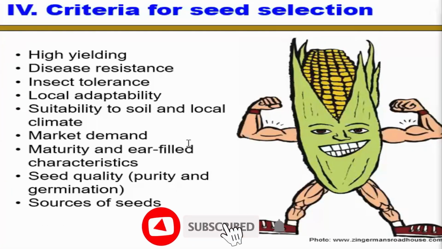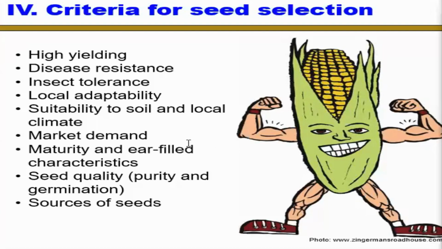If you want to go for feed corn, you should consider the quality of the seed to be selected. If you go for food like boiled corn or a certain type of sweet corn, you can consider the sweetness and the other characteristics or agronomic characters to suit the market demand.